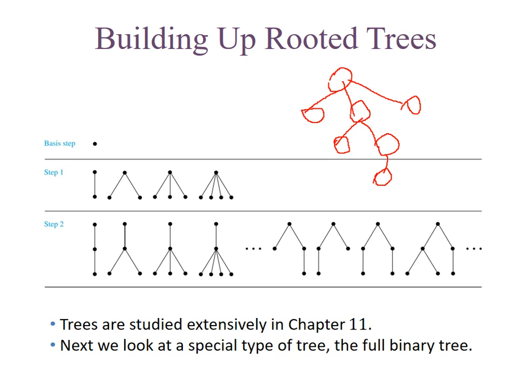In step one, if we have one root node in the basic step, then he constructs three different rooted trees: the root with three nodes, the root with one node, the root with two nodes. Okay, so you know this all is legal, right? Because we are using one vertex and connecting edges to the root to construct a new rooted tree. So these three rooted trees are legal in step one.